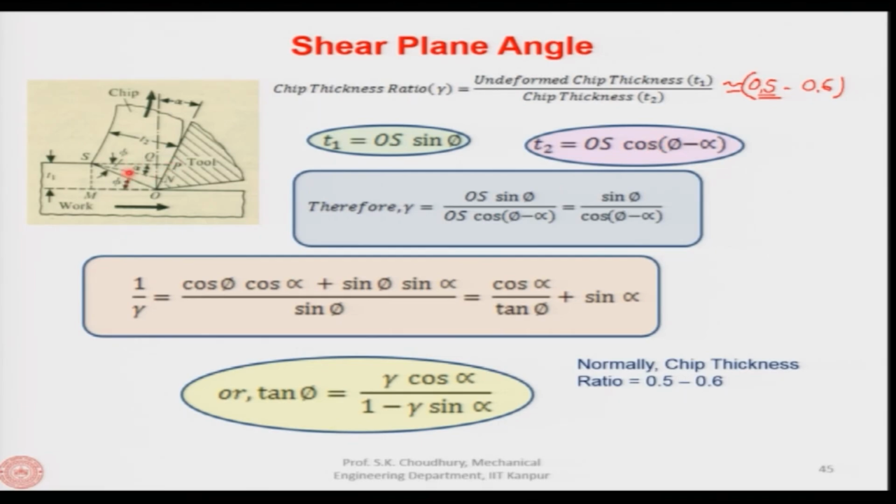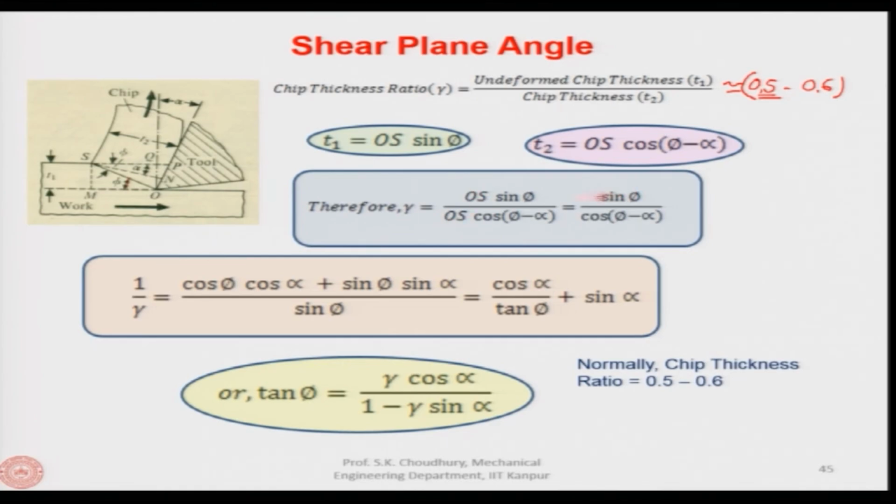Once again, in this triangle OSN, T2, which is this SN, is equal to OS, this shear plane, and the cos of this. Therefore, the chip thickness ratio can be found out as T1, which is OS sin phi, divided by T2, which is OS cos of phi minus alpha.